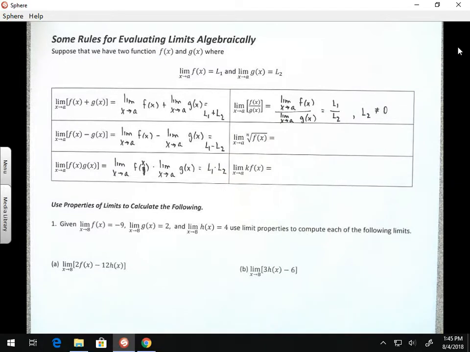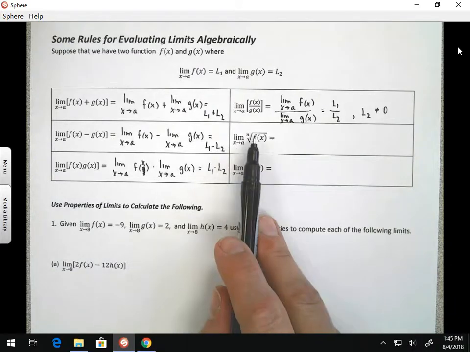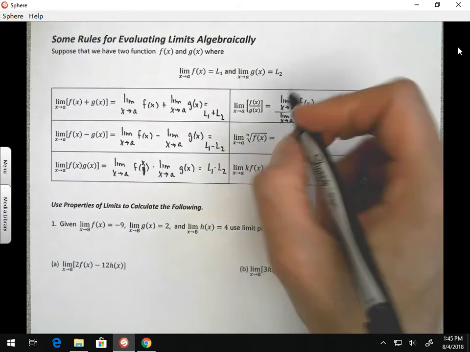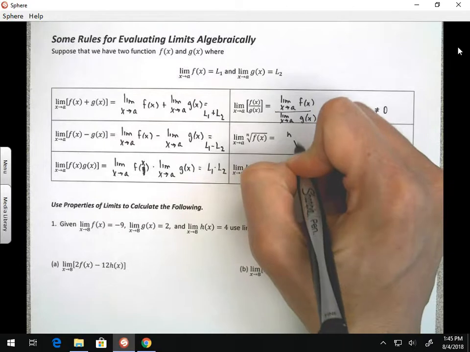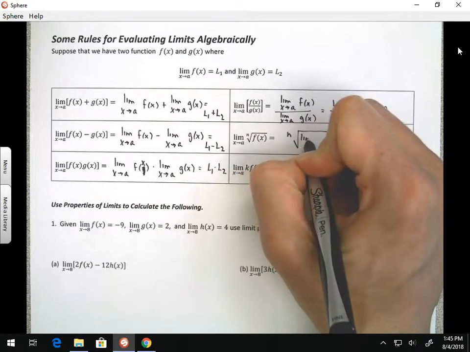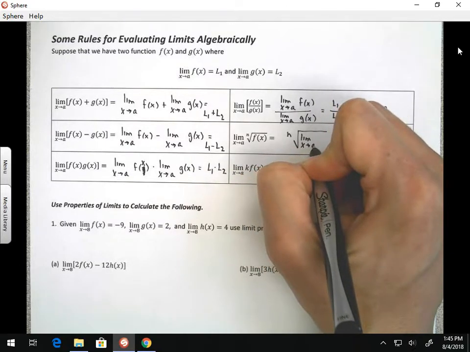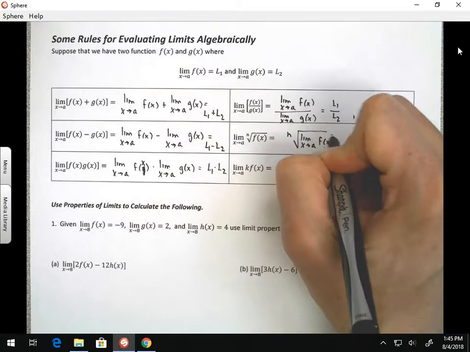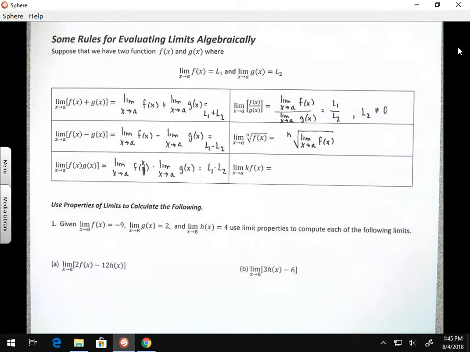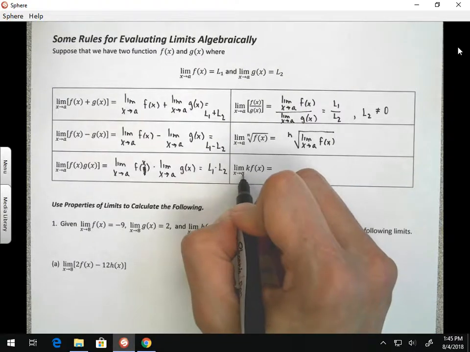Now, if I have the limit of a root, that's just the same as the root of the limit. And then last, if I have the limit of a constant times the function, that's just the same as the constant times the limit.